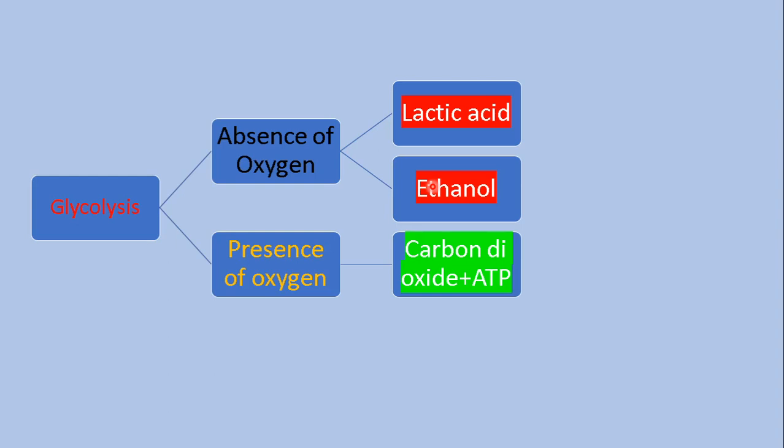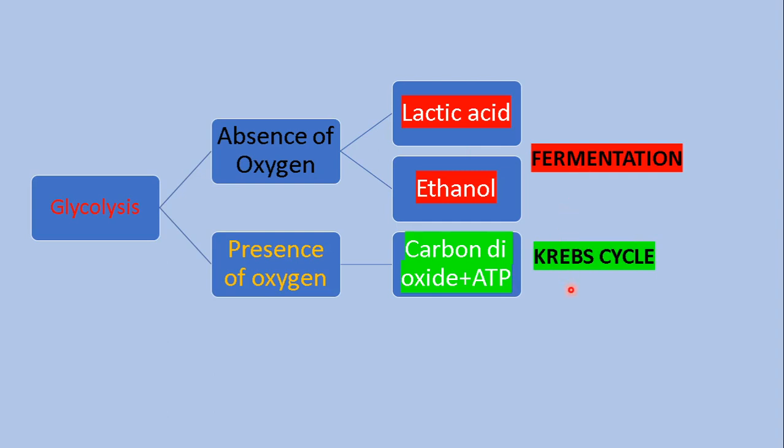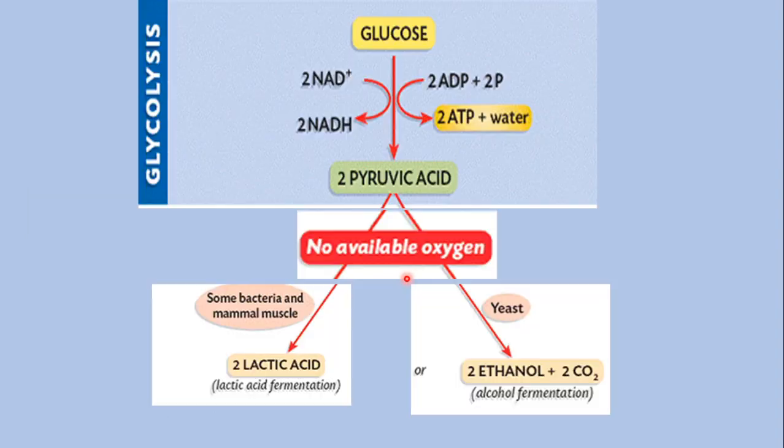And if oxygen is present in sufficient quantities, then you will get carbon dioxide and a very high number of ATP molecules. The first, in the absence of oxygen, we call fermentation, and in the presence of oxygen, it goes for the Krebs cycle. We will talk about all these details in this lecture.